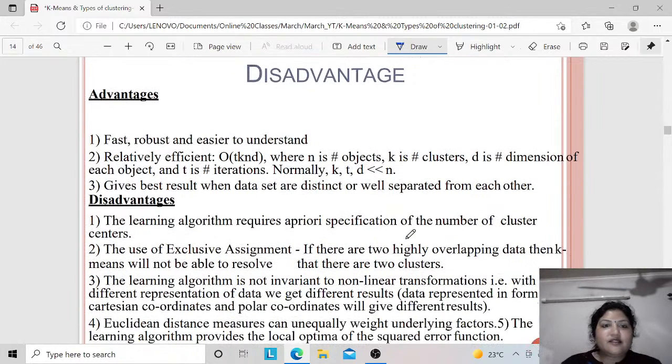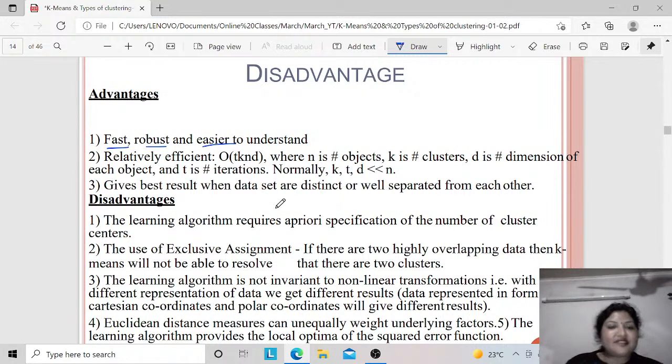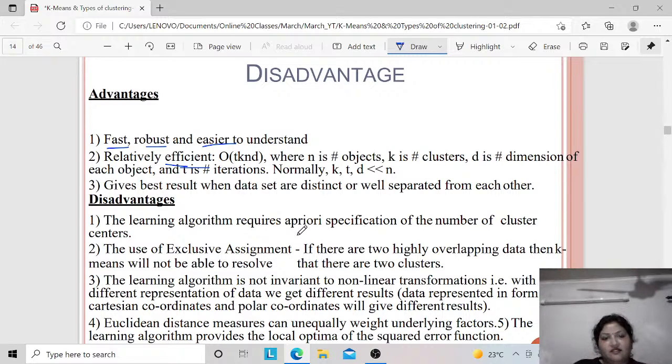Now let us understand the advantages and disadvantages of k-means. Yes, it is a fast, simple, easy to use and easy to understand algorithm, right? Relatively efficient. The first point is that you need to decide the k value.